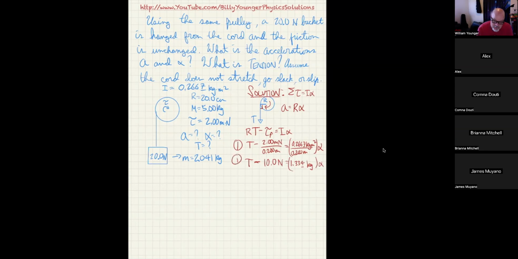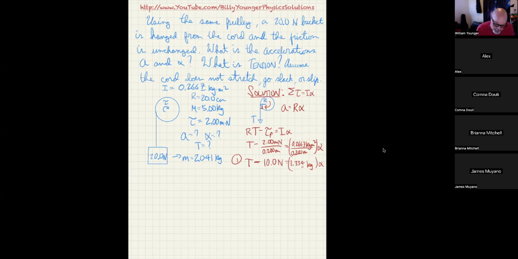In fact, let me erase the other one because now I've got it in a better form. All right. Any questions on that part? Now I've got to draw the free body diagram for the hanging mass. And of course, I've already decided that whatever makes the pulley rotate counterclockwise is the positive direction.